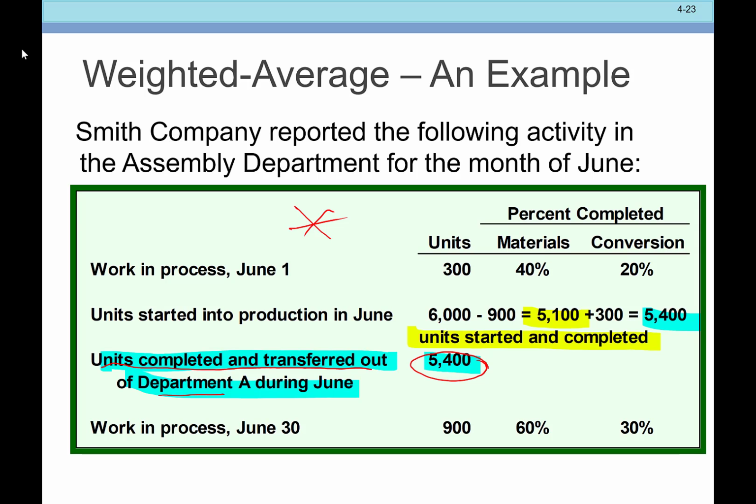If they don't tell you that, then they would have to tell you how many units were started and how many units were in ending inventory. So now you know that you started and completed 5,100 units, and you also completed the 300 that were in beginning inventory, so that gives you the 5,400.